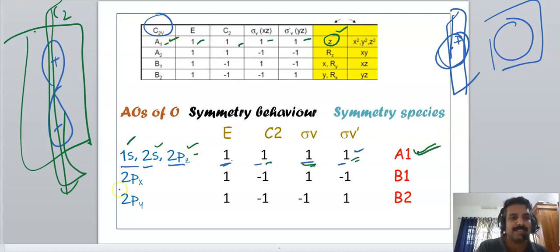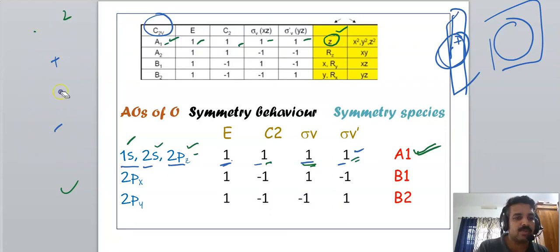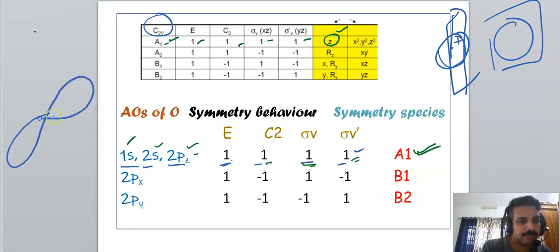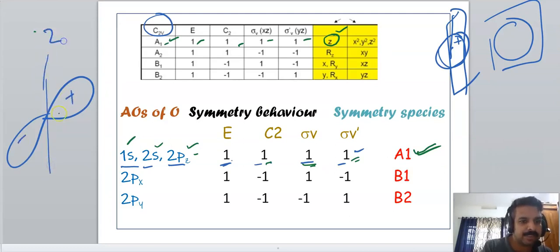And 2px, we can consider the 2px orbital. Suppose this is the x-axis, plus minus here. This is the z-axis. This is the y-axis. This is the x-axis.